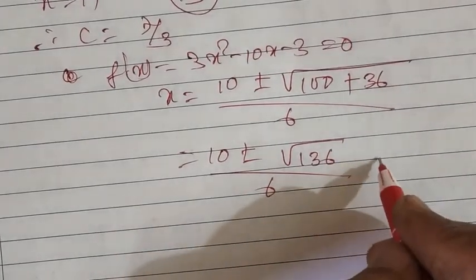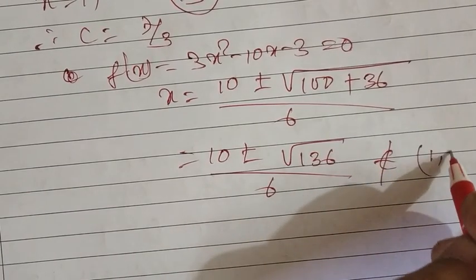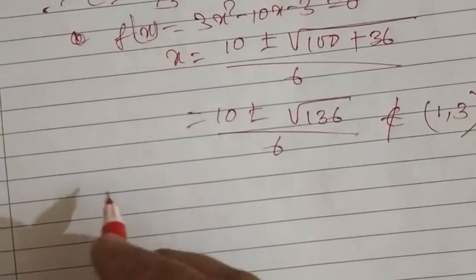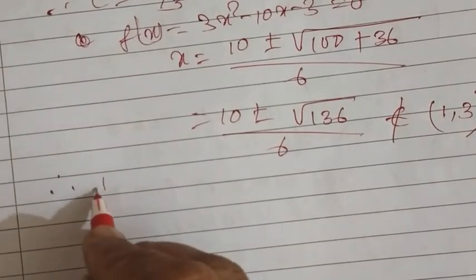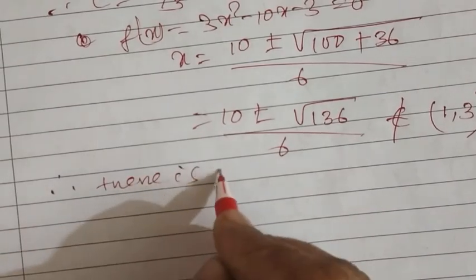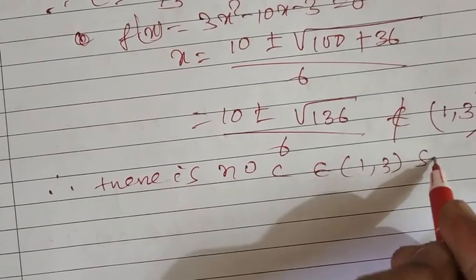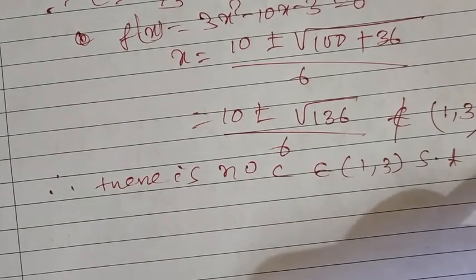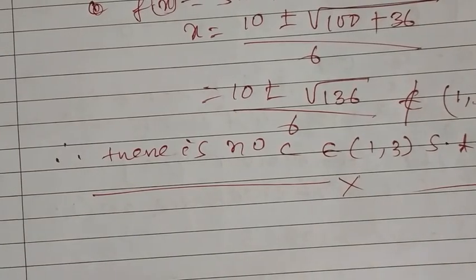Okay. None of the values lies between 1 and 3. Therefore, there is no C belonging to 1, 3 such that f dash C equal to 0. So you should solve as many questions as you can.